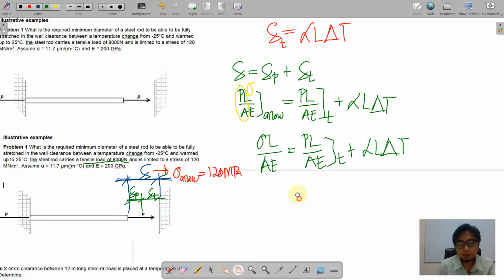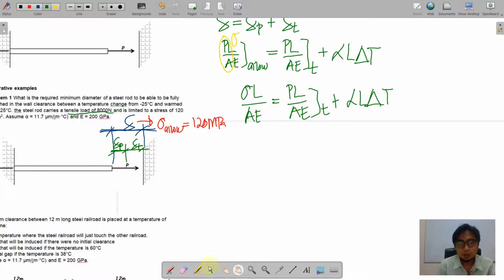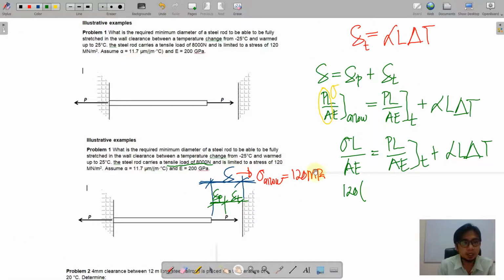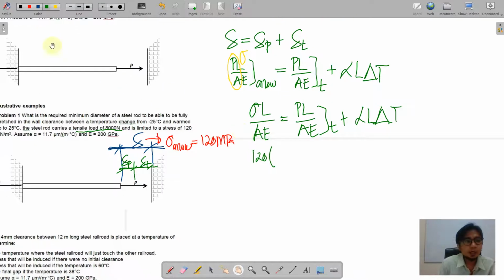Next, we are going to substitute the allowable, which is 120, times the original length, which is unfortunately not given. However, as we can see in the equation, L is the same on both the left and the right portion of the equation, so it will just be cancelled.